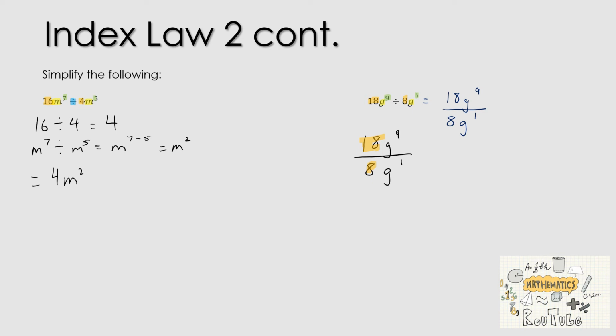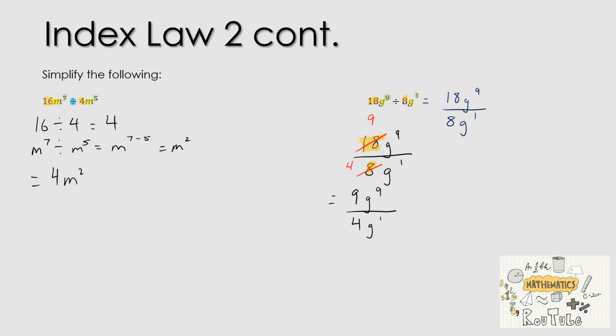Then how many times does 2 go into 18? It's going to be 9. And how many times does 2 go into 8? That's going to be 4. Once again, I'm just going to rewrite the question with these new values. We've now got 9g to the power of 9 over 4g to the power of 1. You'll see I'm not trying to do 4 steps in one.